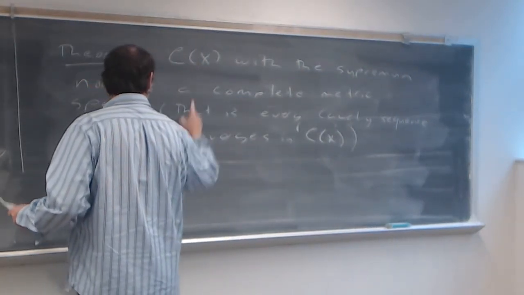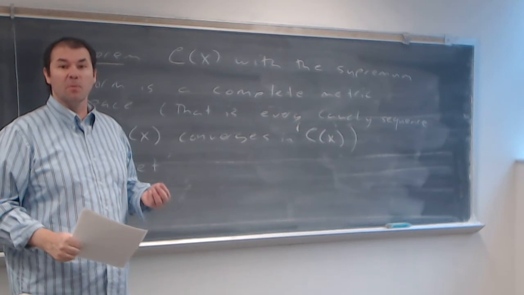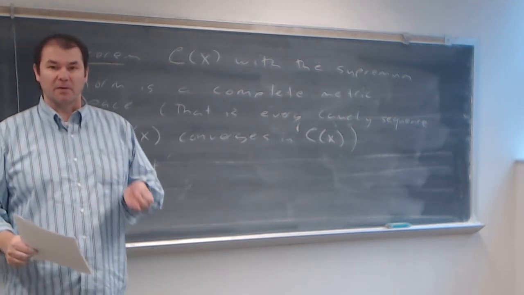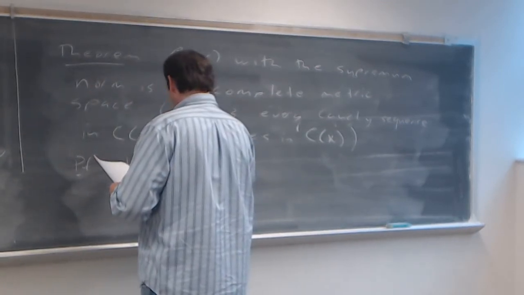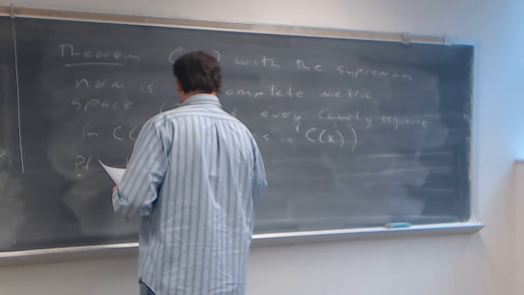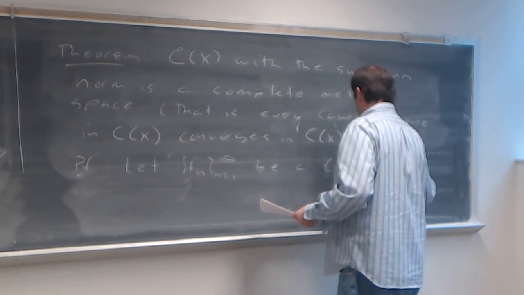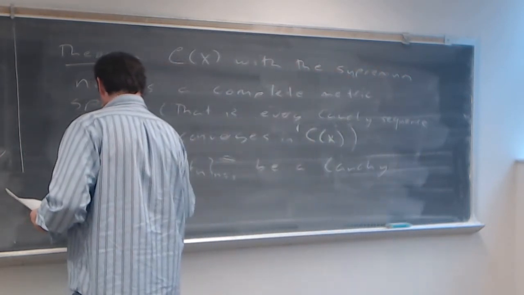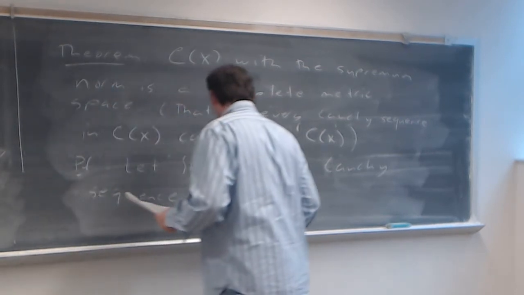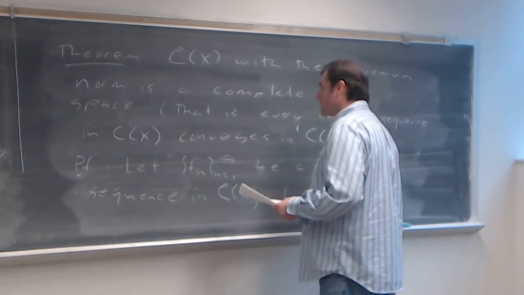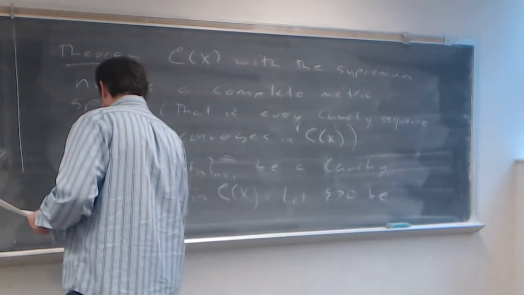So we're going to let, well, what's in C sub X? Elements of C sub X are nothing more than functions that are complex valued, bounded and continuous. Okay? And so here, we let f sub n be a Cauchy sequence in C of X. We let epsilon be greater than 0 be given.